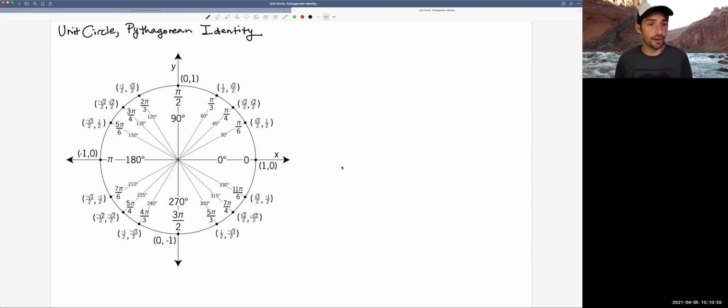So the cosine of 2 pi over 3 is negative 1/2, not negative 1/3. And the sine of 2 pi over 3 is the square root of 3 over 2.